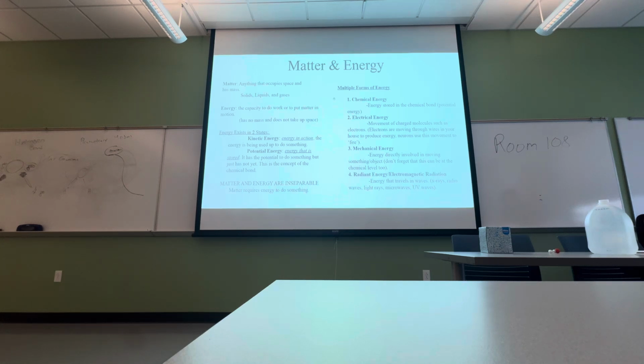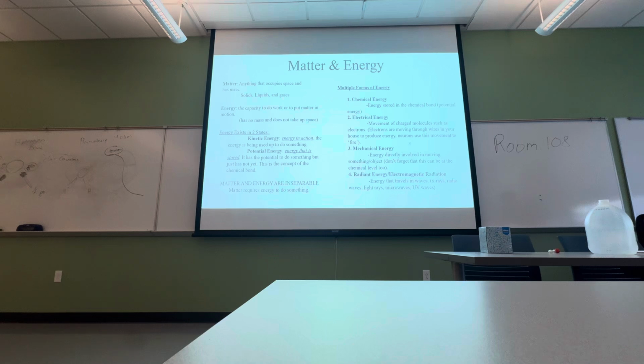Now, there are multiple types of energy that I need you to know. There's chemical energy, what I just described. This is energy stored in the chemical bond. Potential energy. There's something called electrical energy. It is the movement of charged molecules, like electrons.